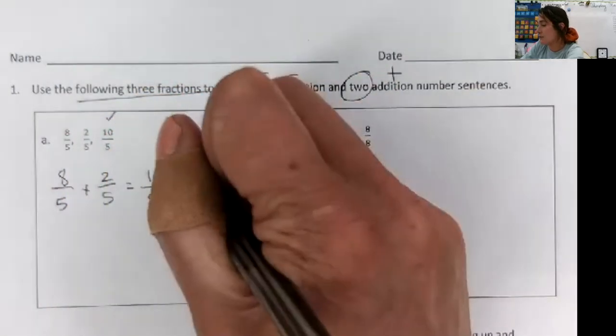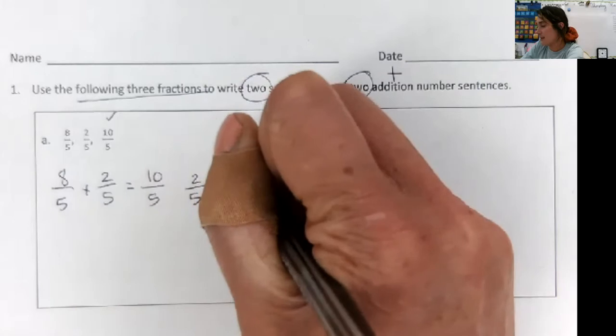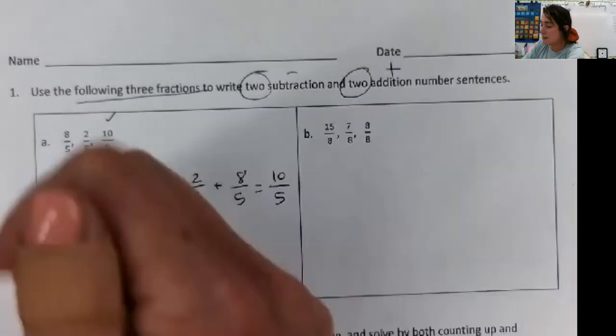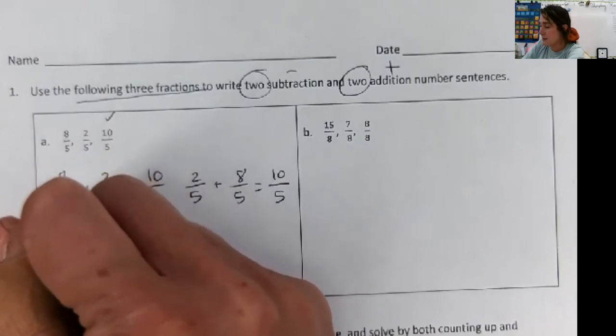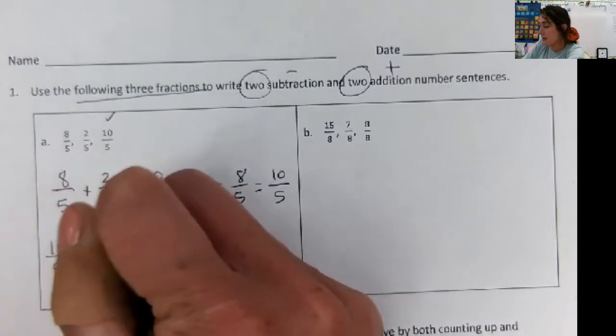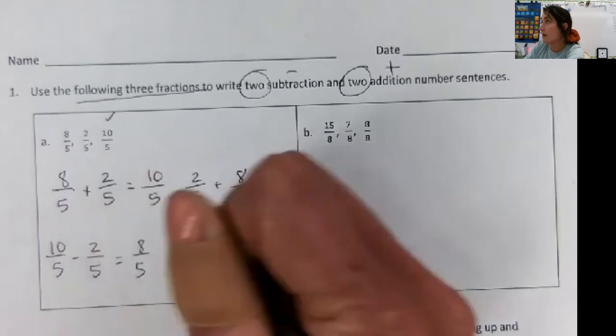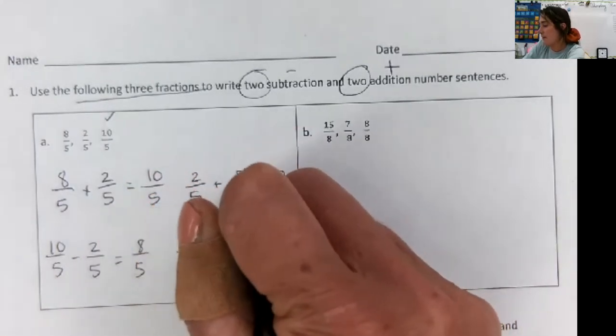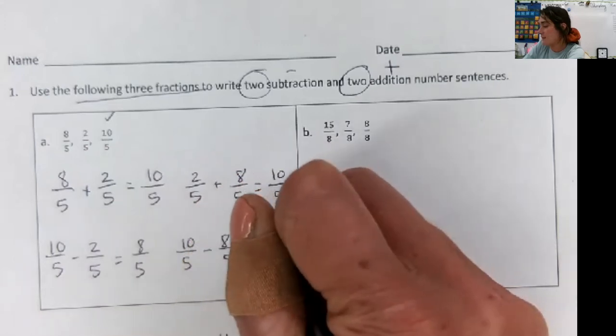I can do 2/5 plus 8/5 equals 10/5. I can subtract 10/5 minus 2/5 and get 8/5. And I can also do 10/5 minus 8/5 and get 2/5.